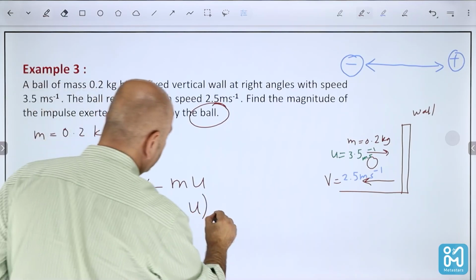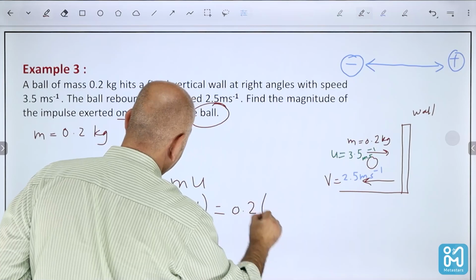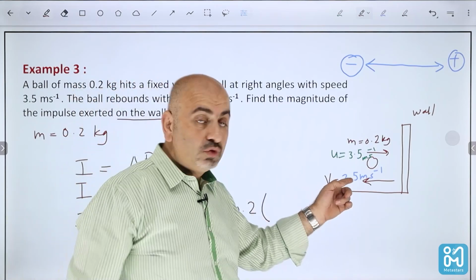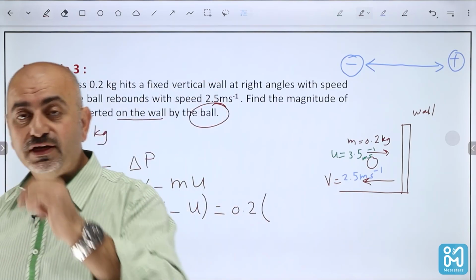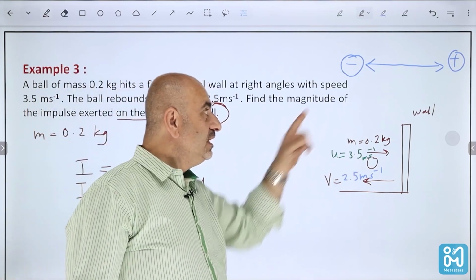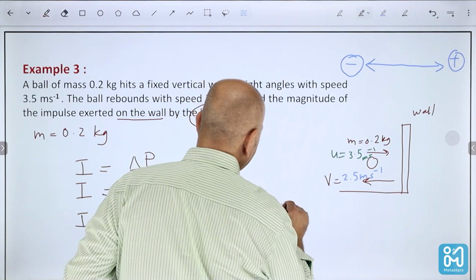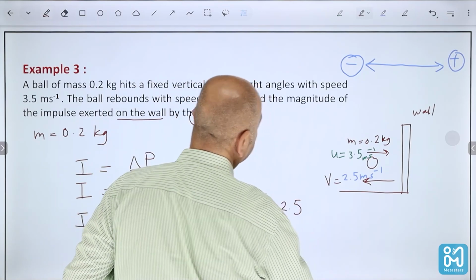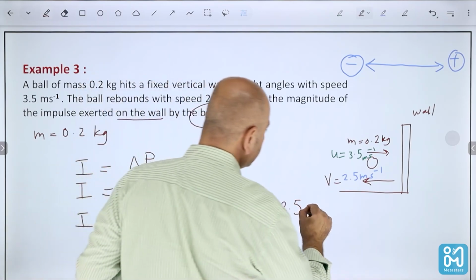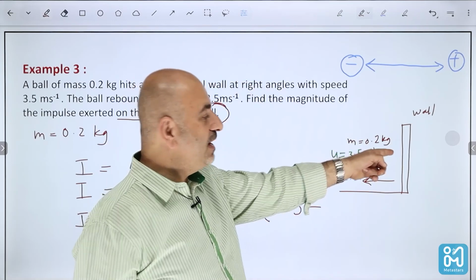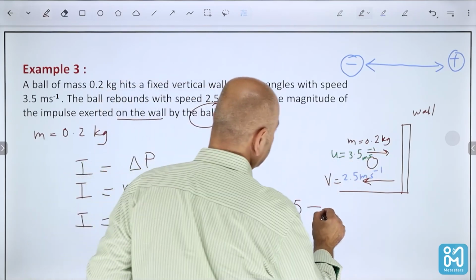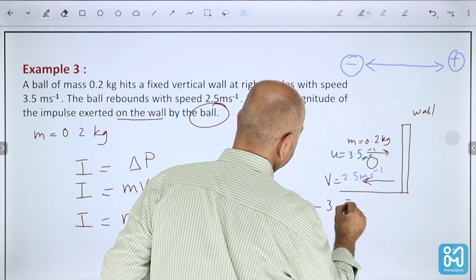Look at what I'm going to do. The mass is 0.2. The final velocity is 2.5 to the left, so it should be negative: negative 2.5, minus u. The initial velocity is to the right, so it's positive: 3.5.